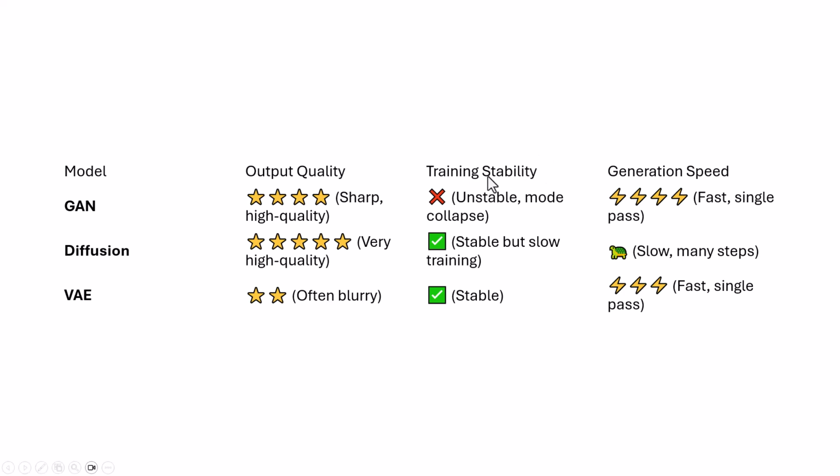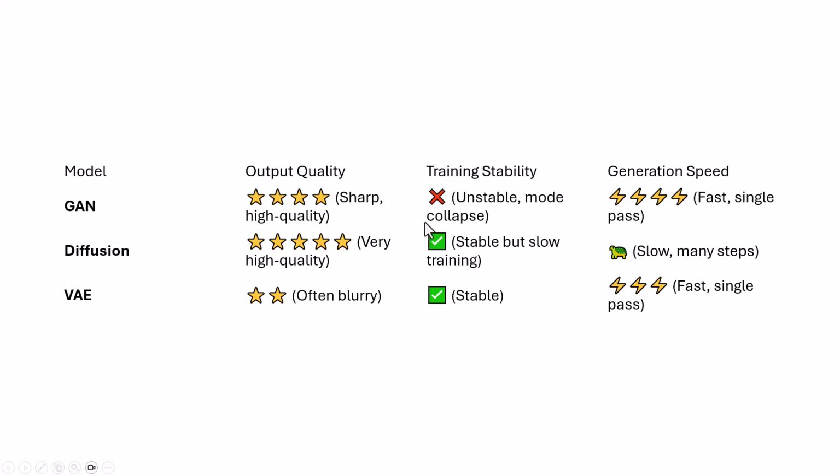Training stability. If you are familiar with GANs, you know that GANs have two different networks. They have to work in balance with each other, okay? And it is a very new topic for deep learning models, where you have to work in balance, nothing like just minimizing a loss. Okay, so they are very unstable to train.